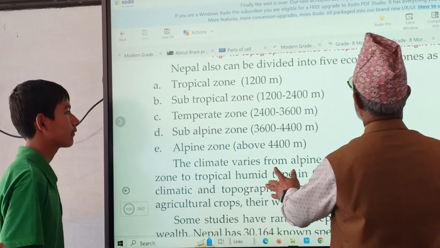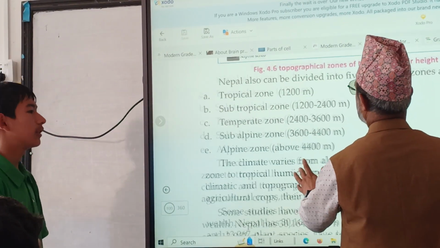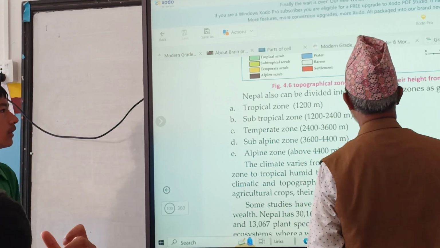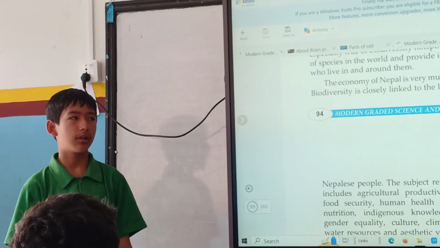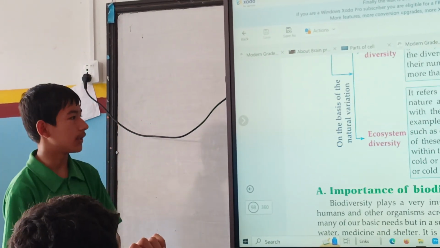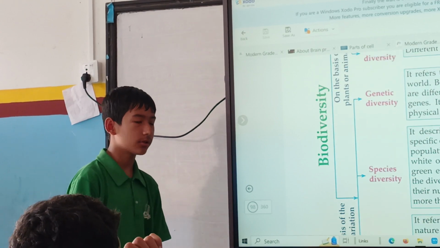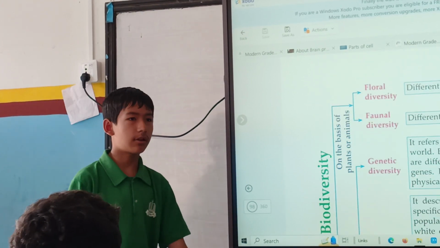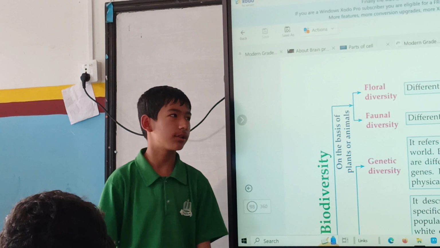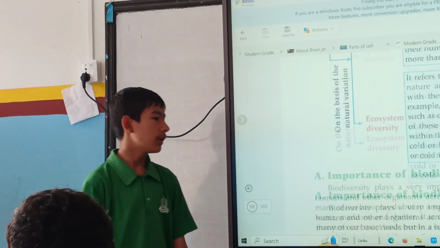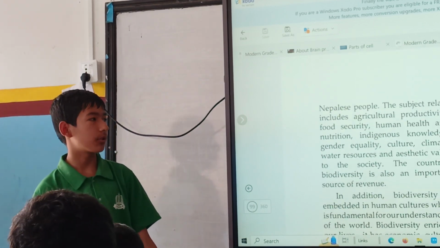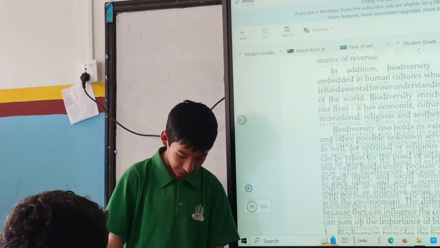We discussed the importance of biodiversity, and the types of biodiversity according to the variation of natural resources. We studied genetic diversity, species diversity, and ecosystem diversity. We also discussed the importance of biodiversity. There were altogether 7 points.